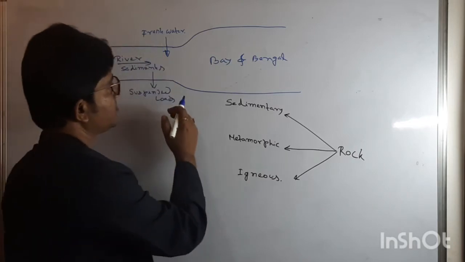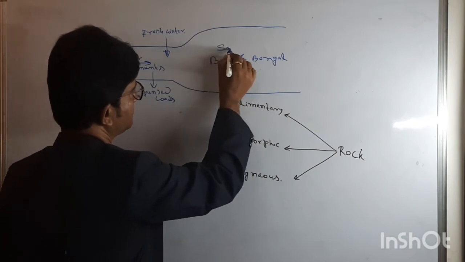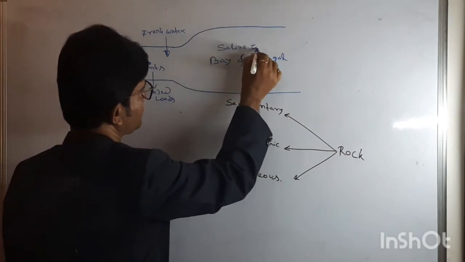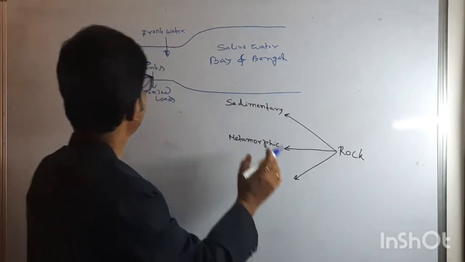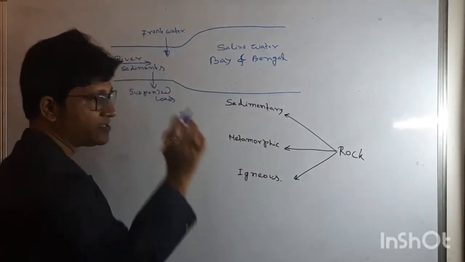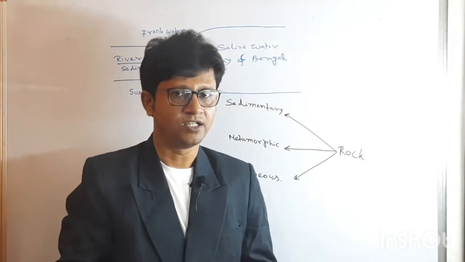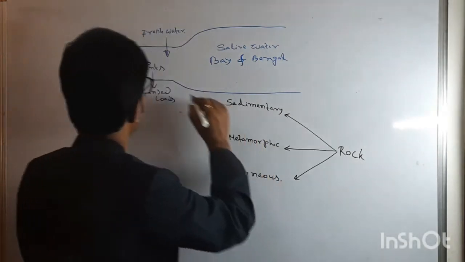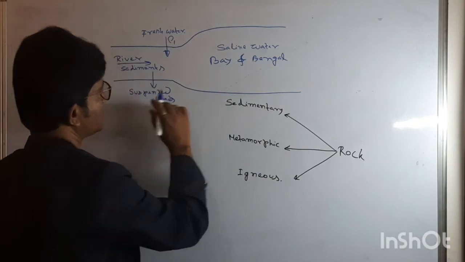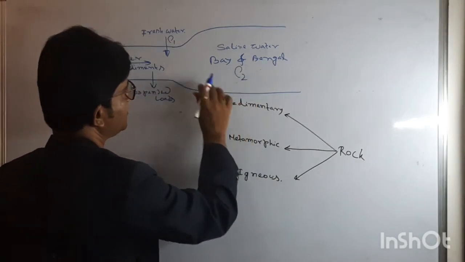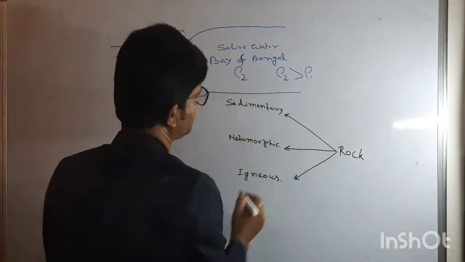And when this fresh water reaches the sea water, that is the saline water of the sea, what happens? Actually, the density of the river water is much lighter than the density of the sea water. That is, if ρ1 is the density of the river water, and ρ2 is the density of the sea water, then ρ2 must be greater than ρ1.